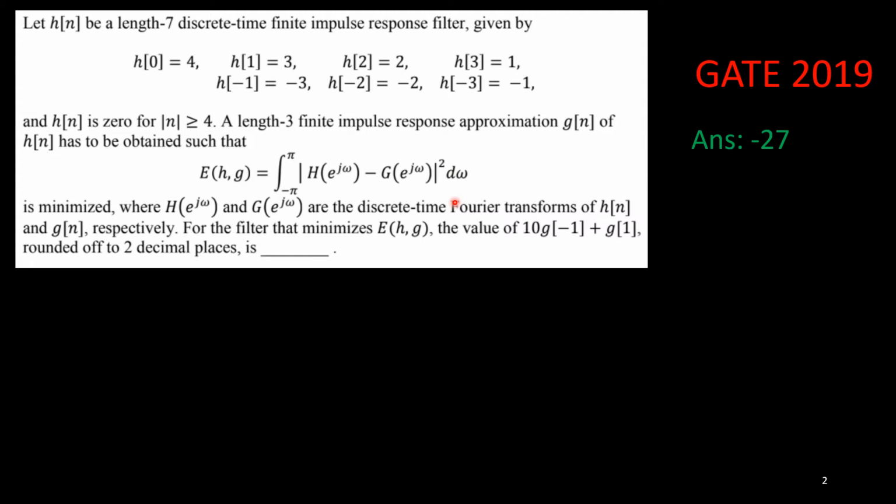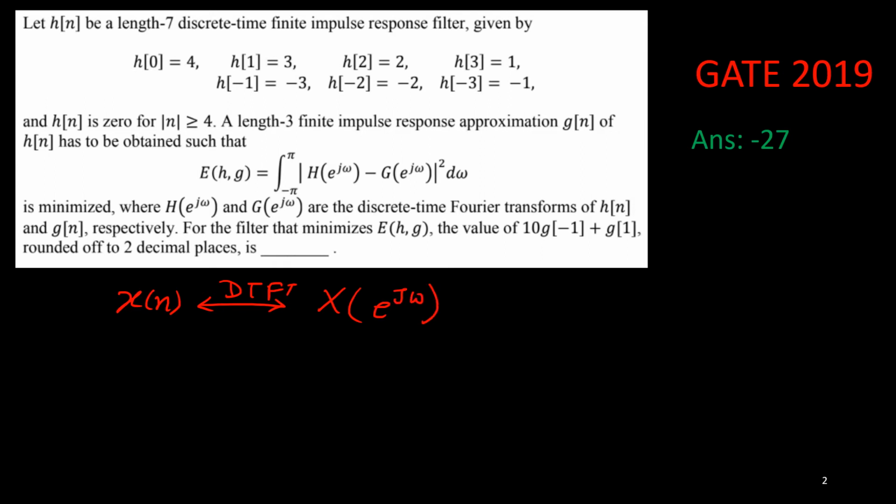Okay, so now how to proceed? Now you see this form is very simple. We have encountered this form in Parseval's theorem, Parseval's relation, and you know that using Parseval's relation, suppose x of n is a sequence and its DTFT is capital X of e to the power j omega.